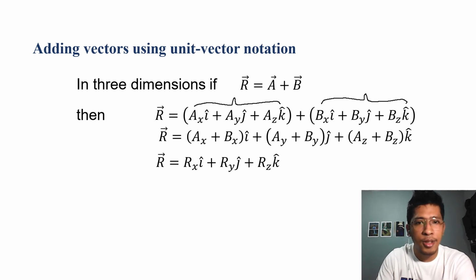And ax plus bx is just rx, ay plus by is just ry, and az plus bz is just rz. So this is how you add vectors using unit vector notation. You just add the components that point in the same direction.